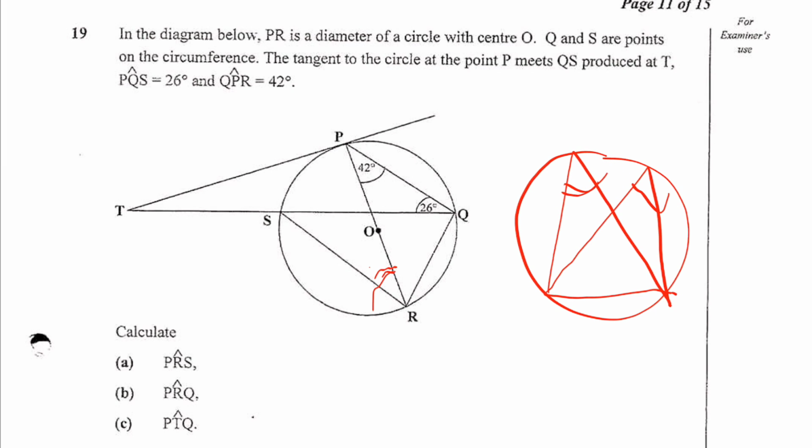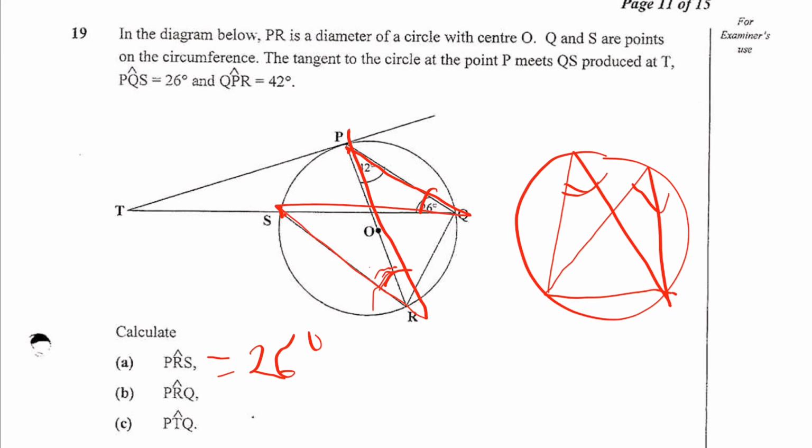The angle starting from P and S forms this angle which is 26 here, and the other one, starting from the same P and S, is also 26. So the answer to the first question is 26 degrees.